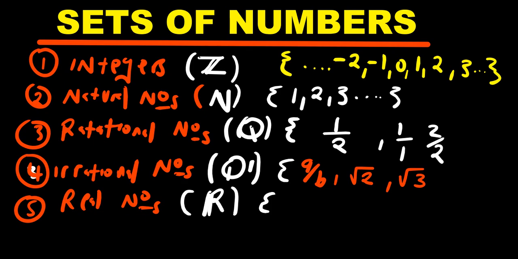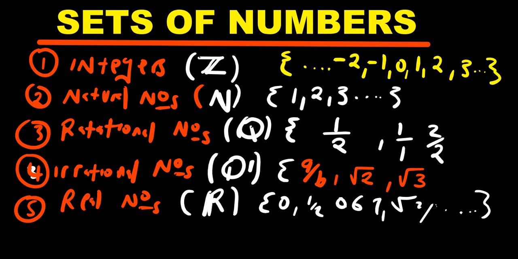Any number that you can think about right now in your head is a real number. So you can talk about 0, 1 over 2, 0.67, the square root of something. All the numbers that you can think about right now are real numbers. That is very, very important for you to know.